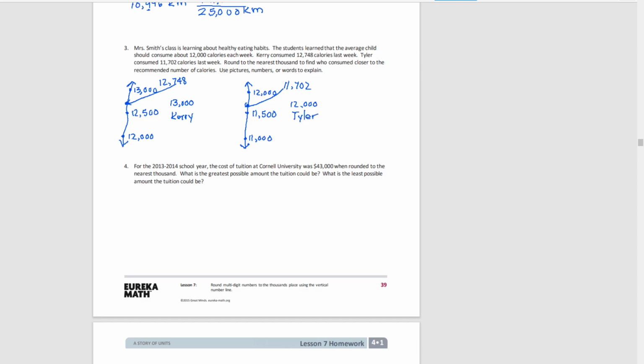So Carrie ate closer to 13,000 calories and Tyler ate closer to 12,000 calories. So we would say that Tyler consumed closer to the recommended calories.